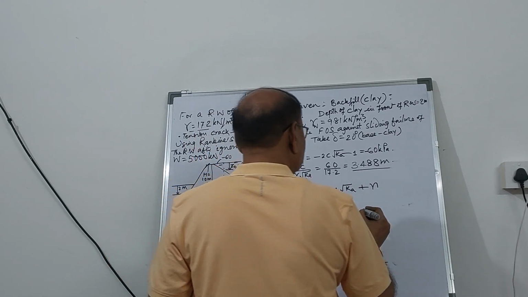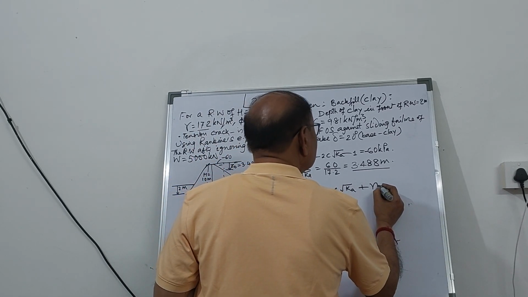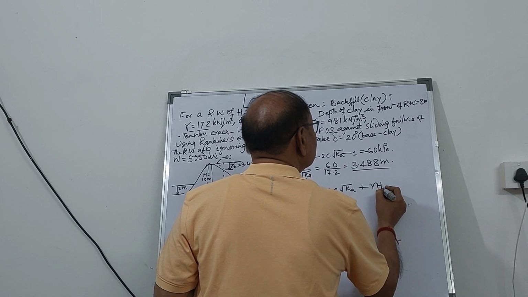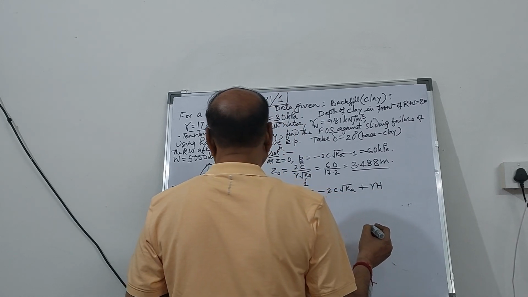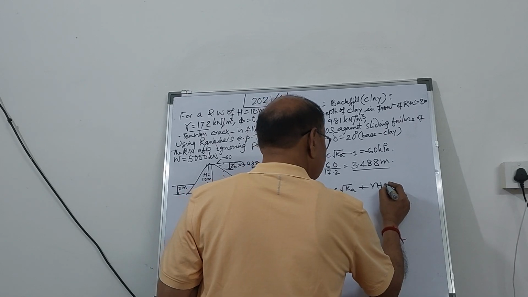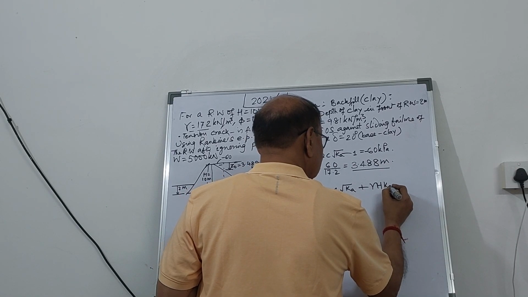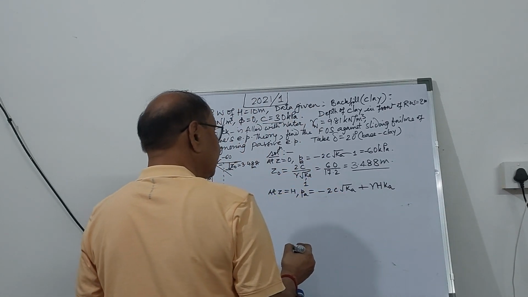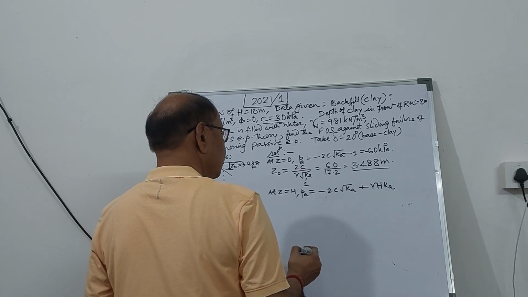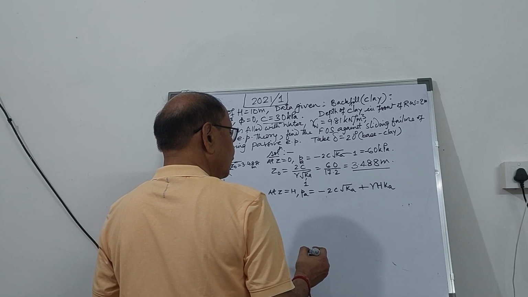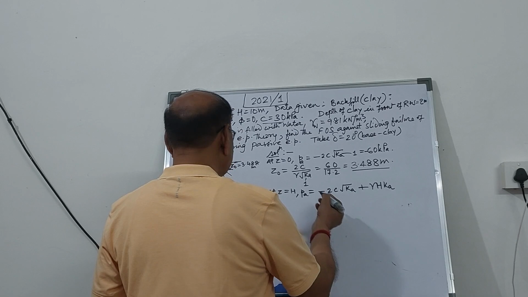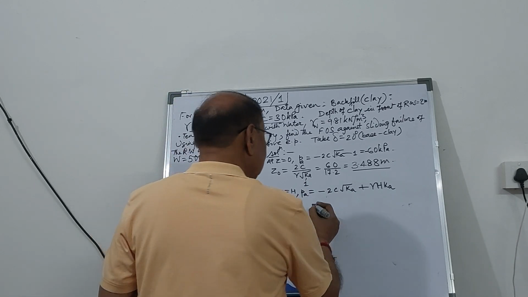From here you can find it out. So the vertical pressure is going to be gamma into H multiplied by K. That K is anyway going to be this.